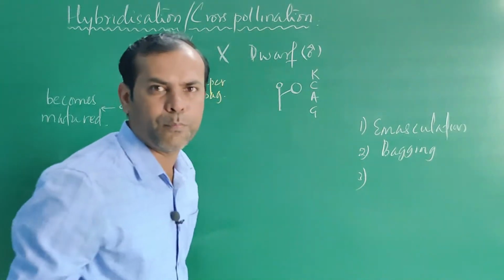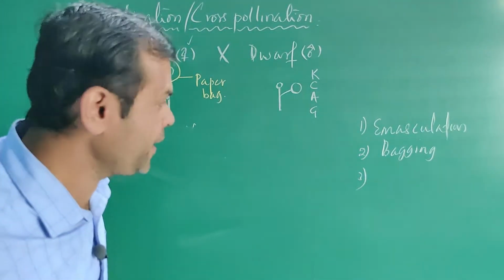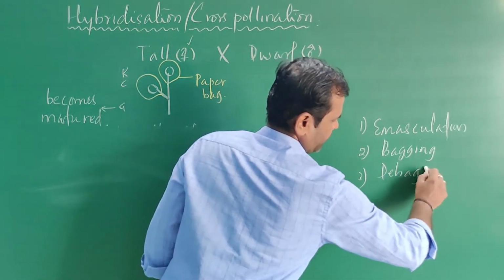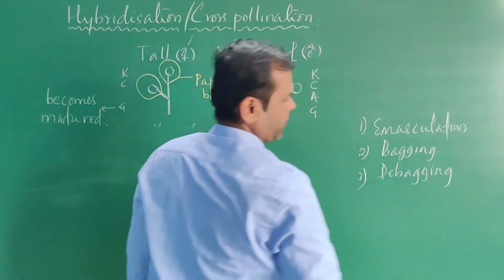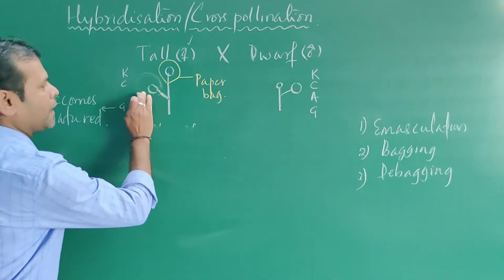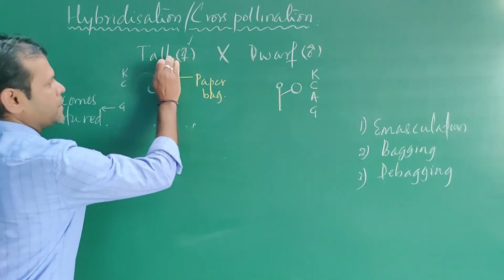So removal of the paper bag once the gynoecium is matured is called debagging. So now we have removed the paper bag. Now this is called debagging.